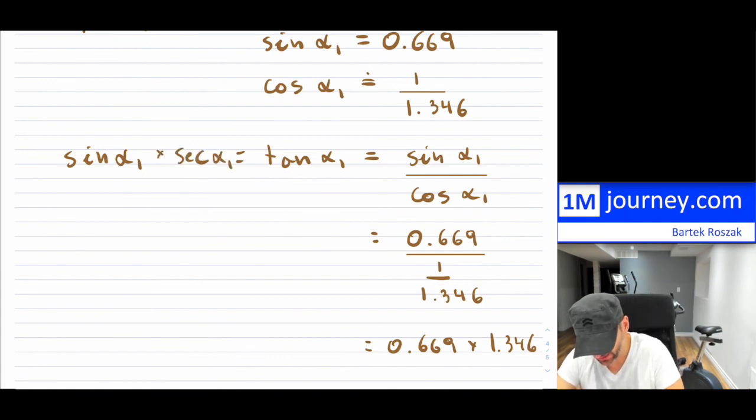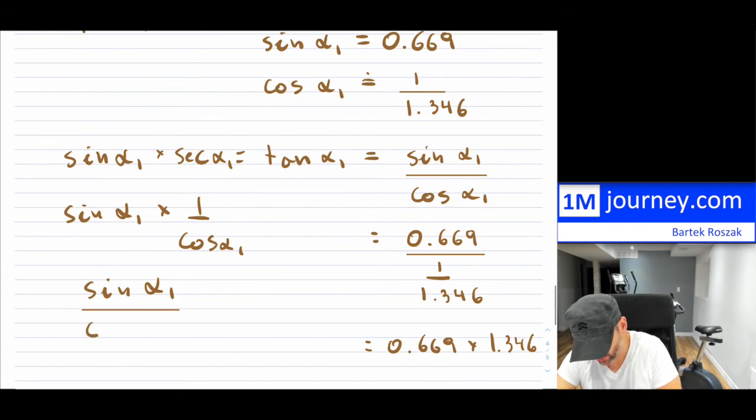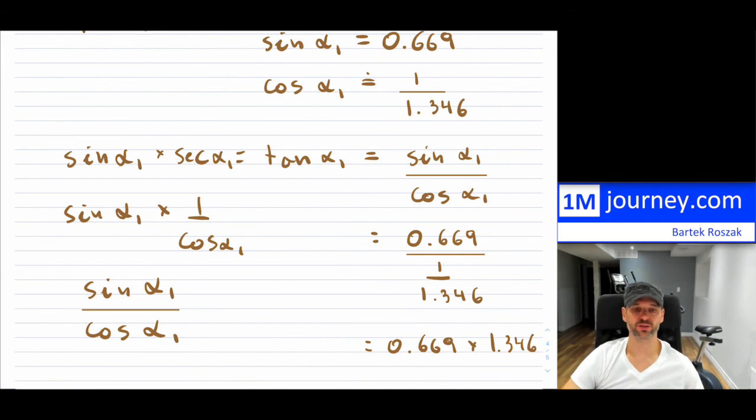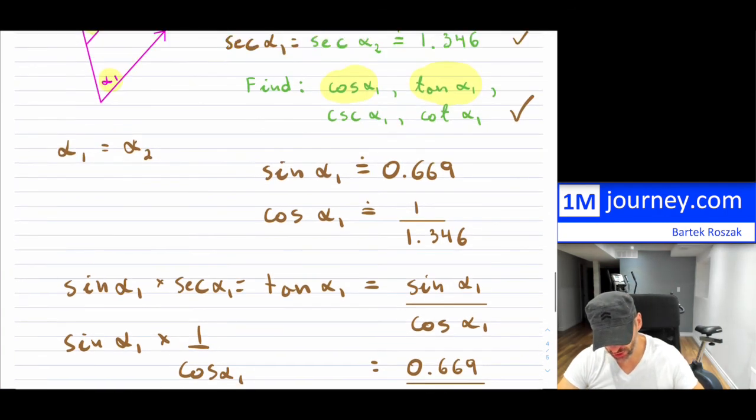Because secant is 1 over cos of alpha 1, sine alpha 1 times secant equals sine alpha 1 over cosine of alpha 1, which is exactly what we used. And you'll get exactly the same thing. So that's tangent.